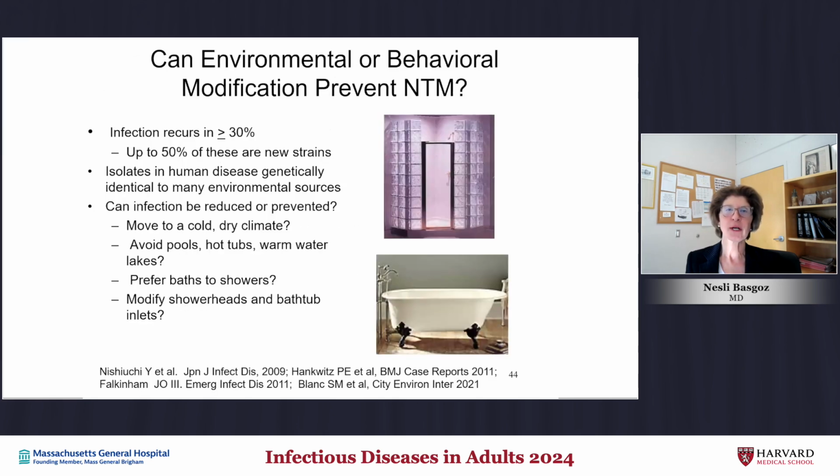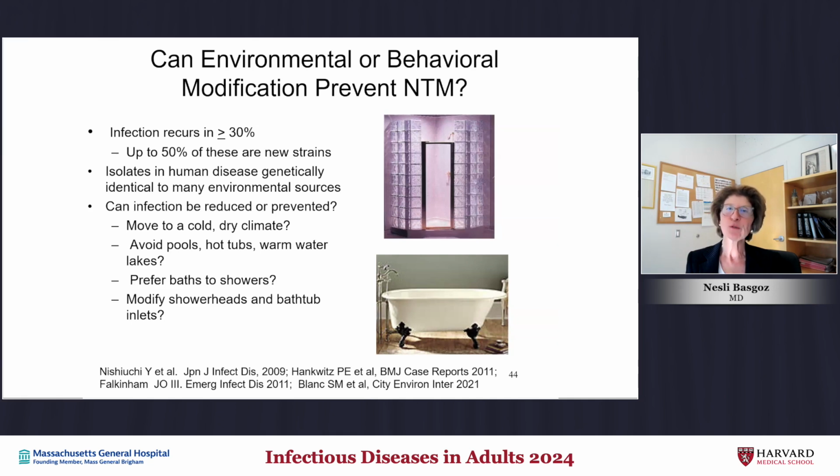Hurtado will describe. One question we're faced with is in people with recurrent infection, which can be up to 30% of these patients, can environmental or behavioral modification prevent NTM? And infection recurs in up to 30%, and up to 50% of these are new strains. These are identical to environmental sources.